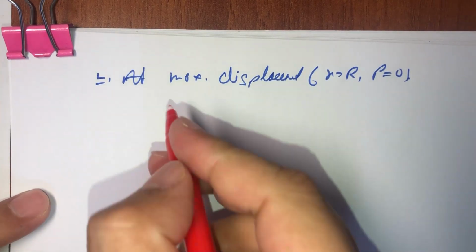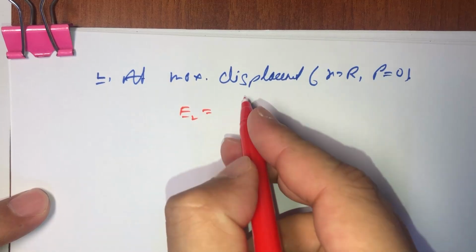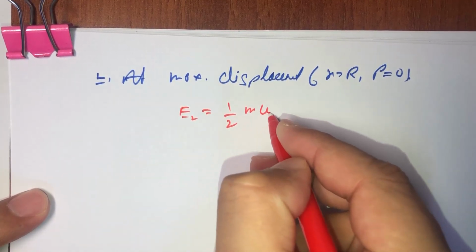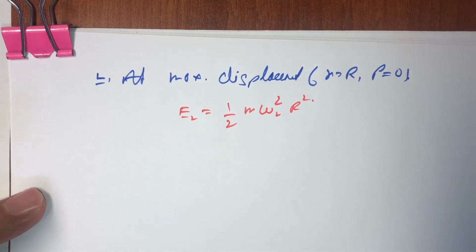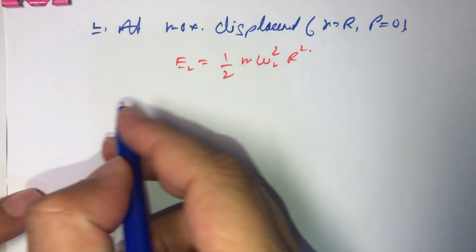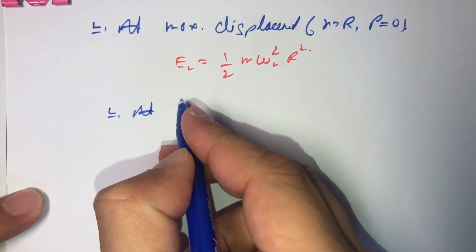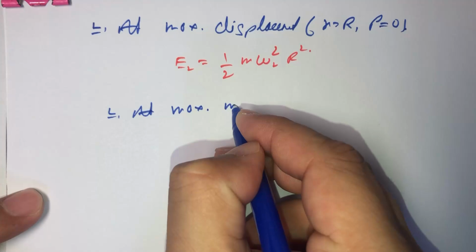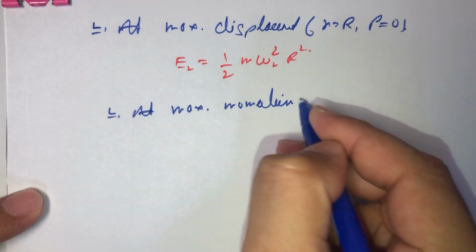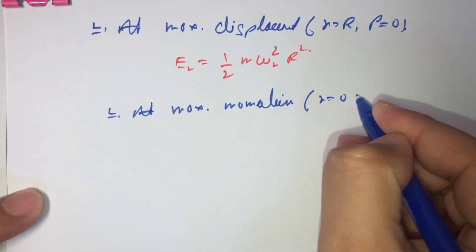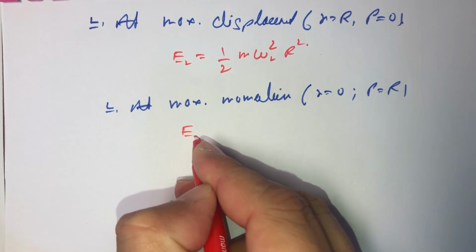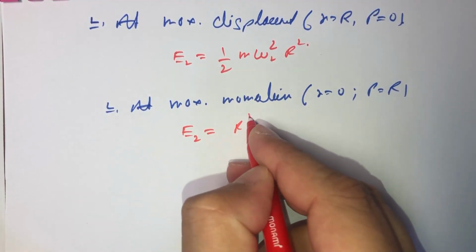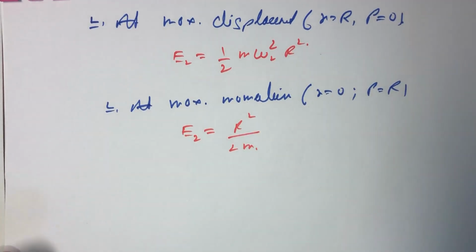Therefore, we can write that our E2 is equal to half m omega 2 square r square. Now at maximum momentum, x will be equal to 0 and p will be equal to r, because it is symmetric. Therefore, we can write that our E2 is equal to r square upon 2m.